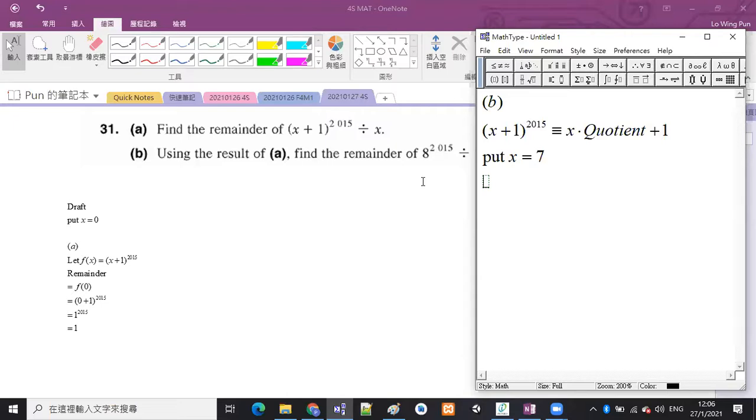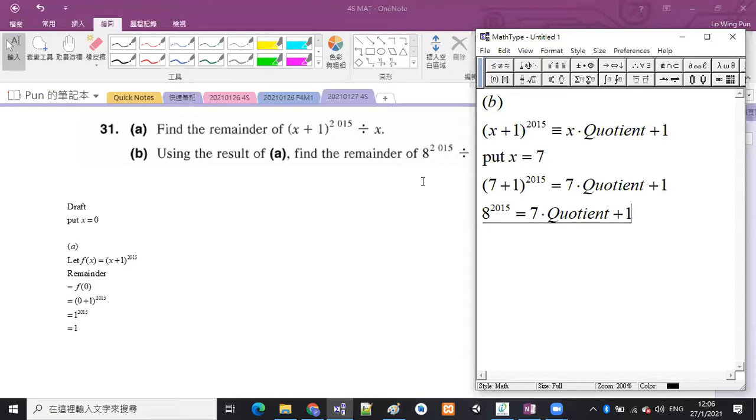And then what we will get is 7 plus 1 to the power 2015 is equal to 7 times quotient plus 1, which means that is 8 to the power 2015 is equal to 7 times quotient plus 1.